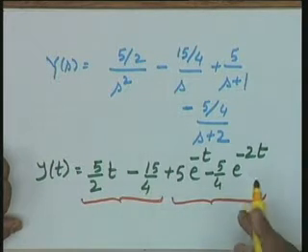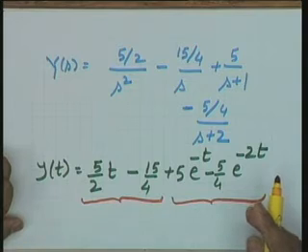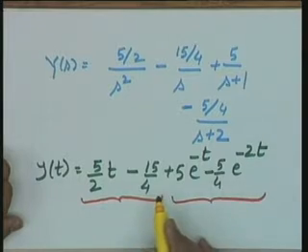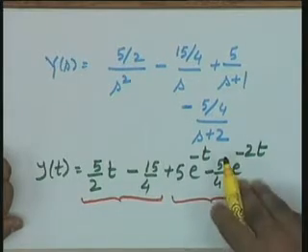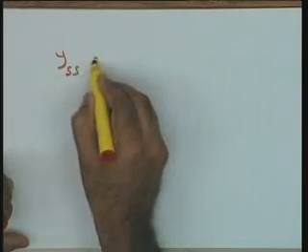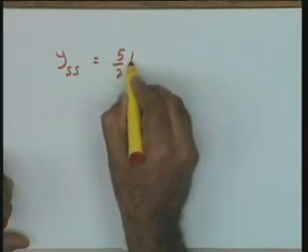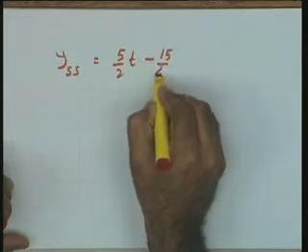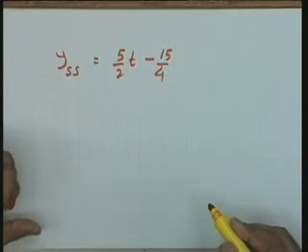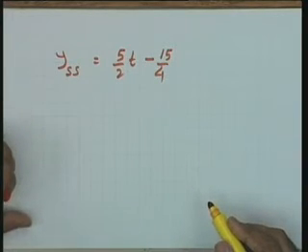This component is due to the reaction of the system to the input, in this particular case being a ramp. So this is also of a similar nature, and therefore I can write y steady state equal to 5 by 2 t minus 15 by 4. This is the steady state response of the system.